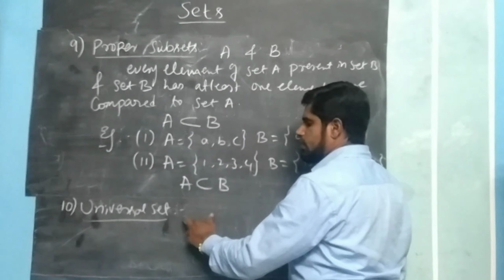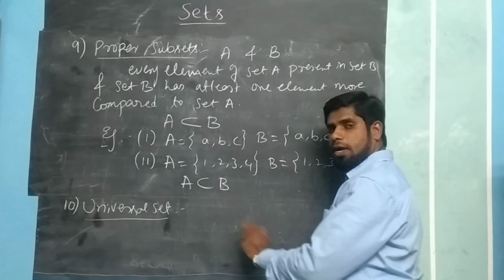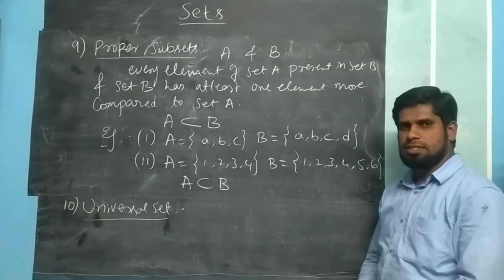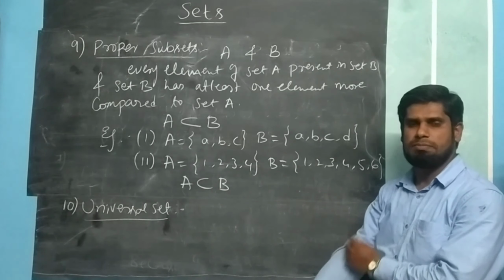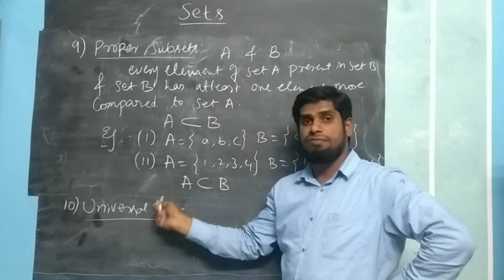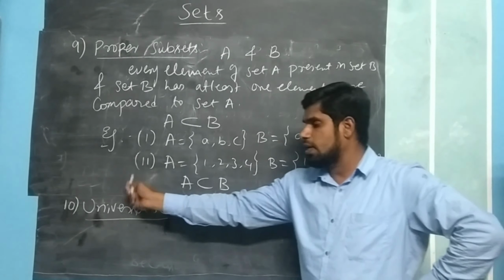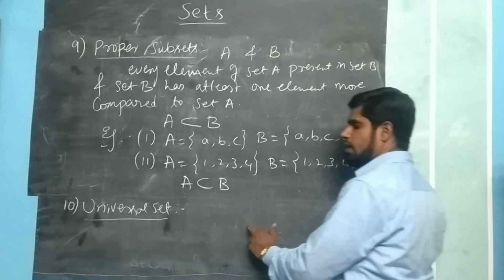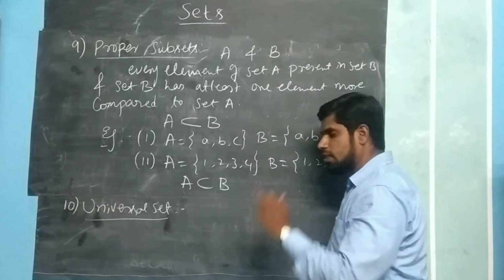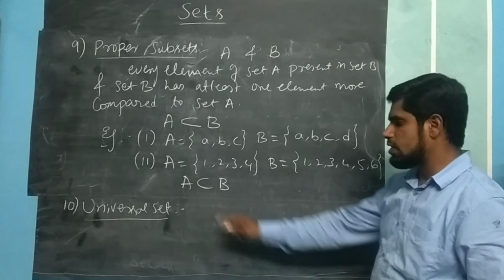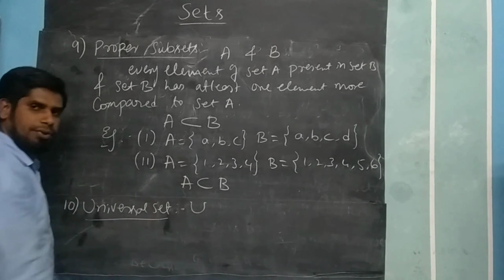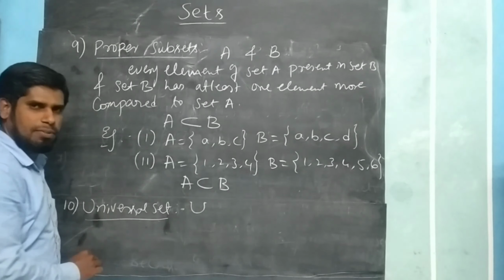If every set under some inspection is a subset of a fixed set, then that fixed set is called the universal set, and it is denoted by capital U. Usually U is used for the universal set.